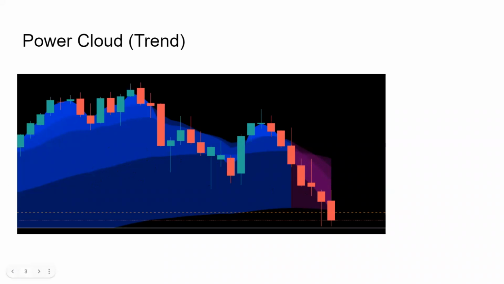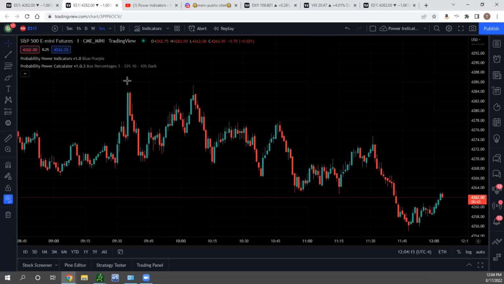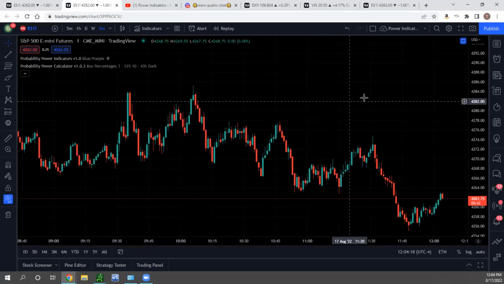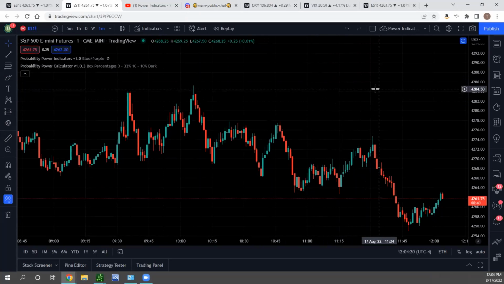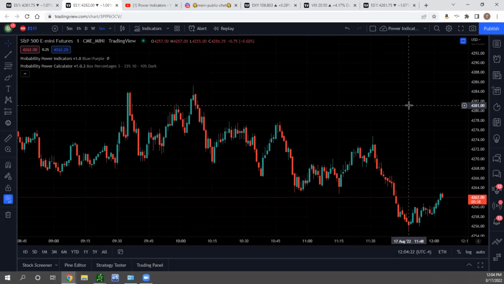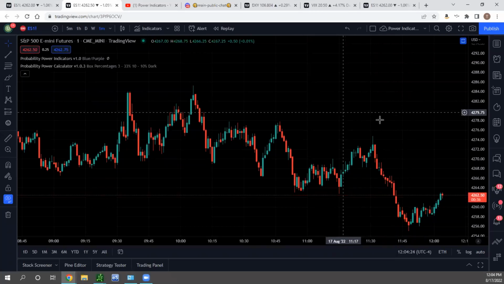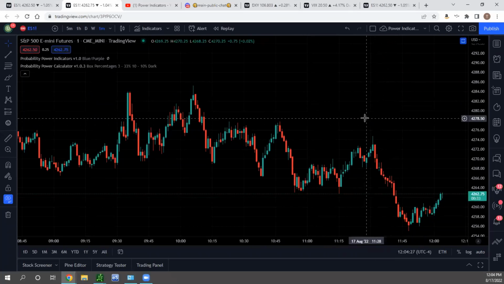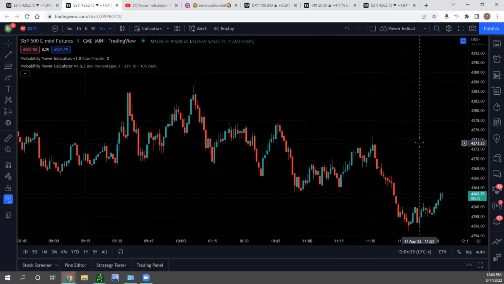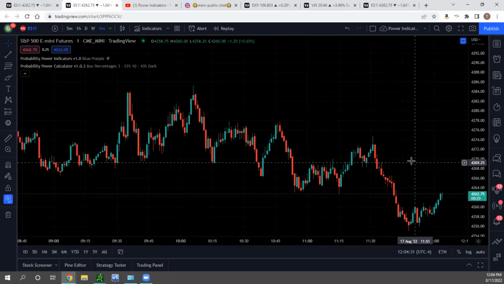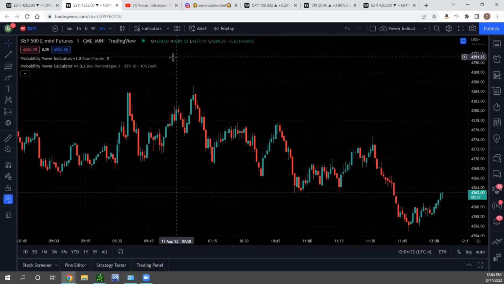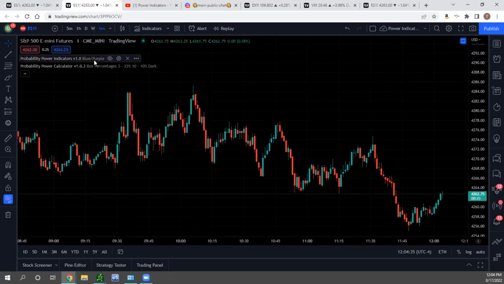So let me pull up the charts here. This is a chart of the ES. It's a 1-minute chart of the S&P futures. This is what I primarily trade, so I'm going to be showing you everything on the ES. I day trade the ES futures. So I have the indicator set up on here.